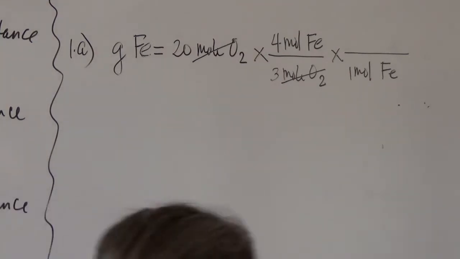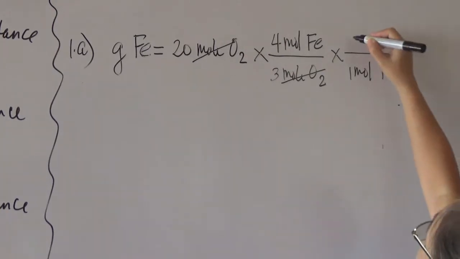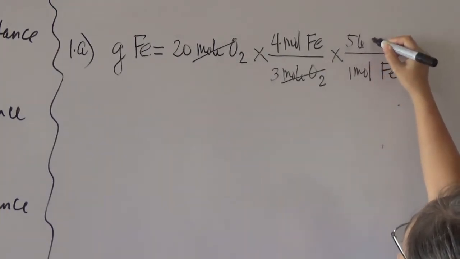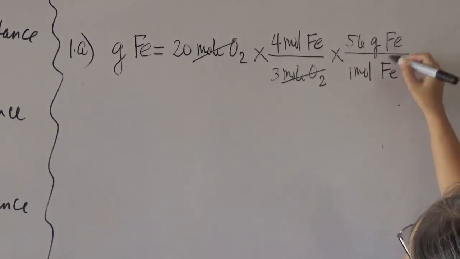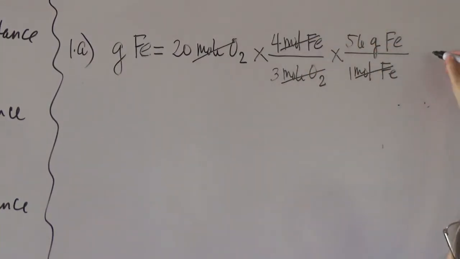Check in your periodic table. Iron is 56, rounded off to a whole number, 56 grams. So iron is 56 grams per mole. So you can cancel out the moles, then you will have the amount of the iron in grams.